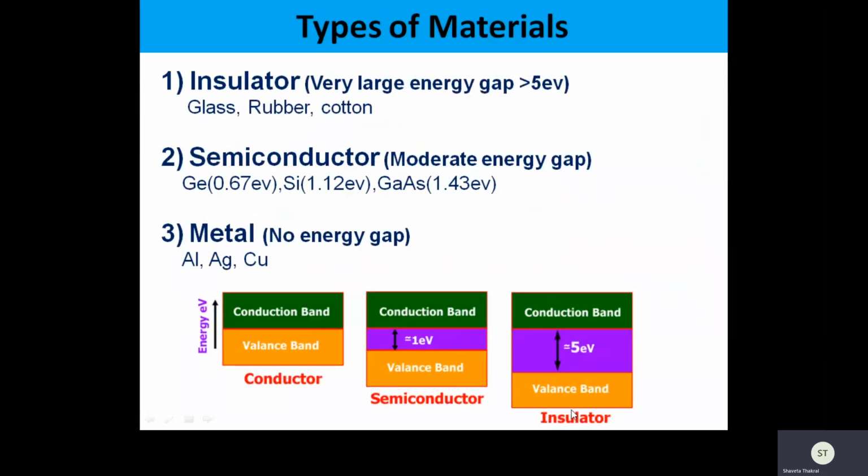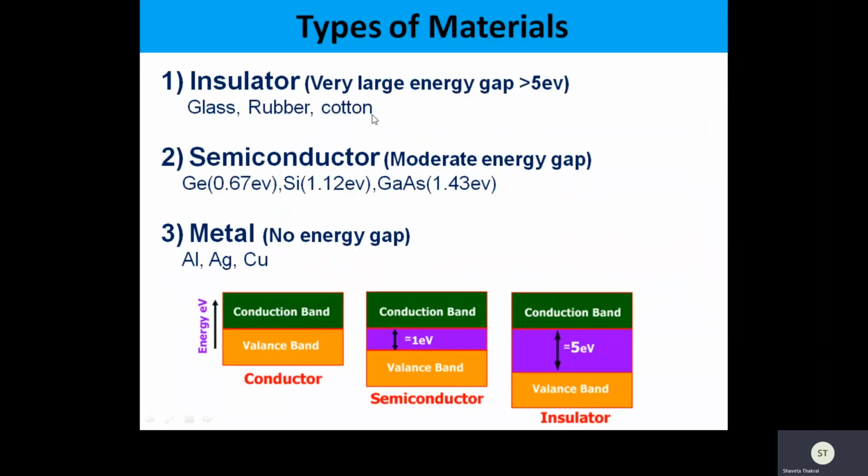Insulators have a very large energy gap, usually greater than 5 electron volt. Semiconductors have a moderate energy gap, near about 1 electron volt. And in metal, there is no energy gap. Usually the valence band and conduction band overlap each other.